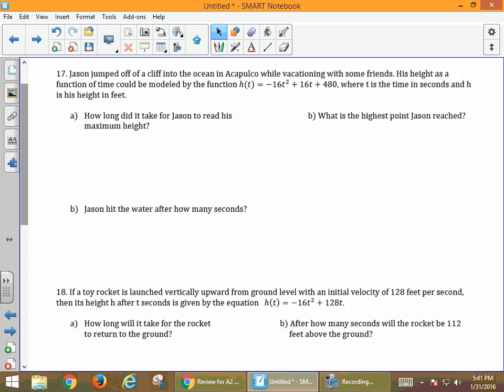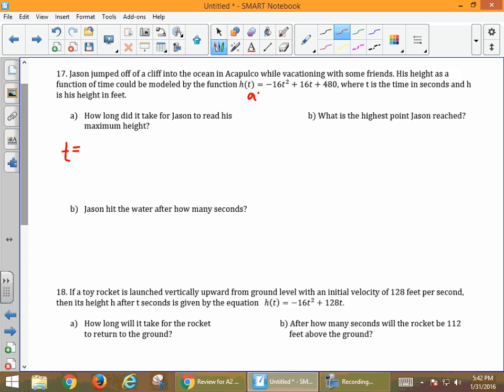How long did it take for Jason to reach his maximum height? I can find this by finding the vertex of this parabola. To find the t value, and this is exactly what I want, I will use the opposite of b over 2a.